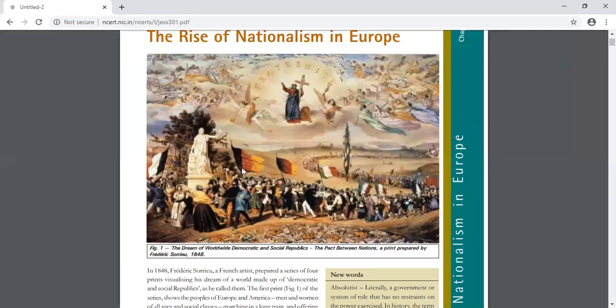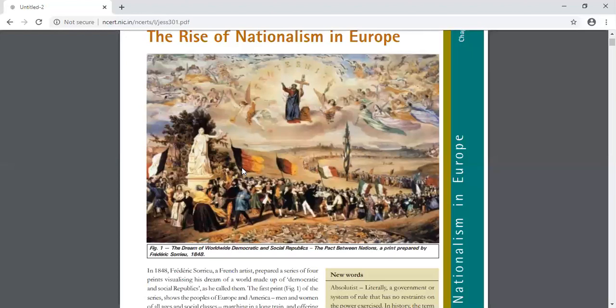When we are talking about the Statue of Liberty, that is the female figure which we have discussed in class 9th also. She bears in one hand the torch of enlightenment and the Charter of the Rights of Man in the other. You remember, in the French Revolution, we have discussed the Constitution also, the Charter of Man.